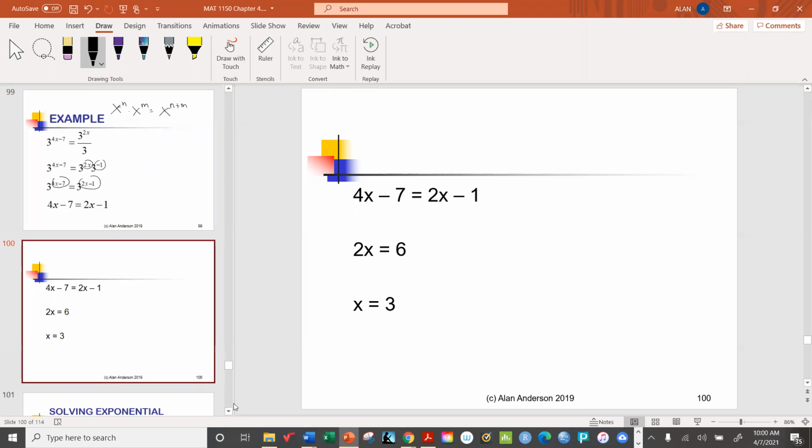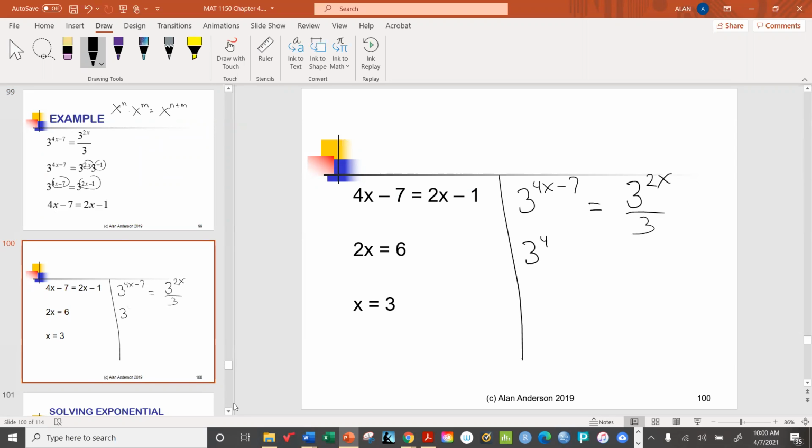And we end up with x equals 3. Now, let's just double check that. Let's go back to the original equation. 3 to the 4x minus 7 equals 3 to the 2x power over 3. So let's substitute 3 for all these x's.